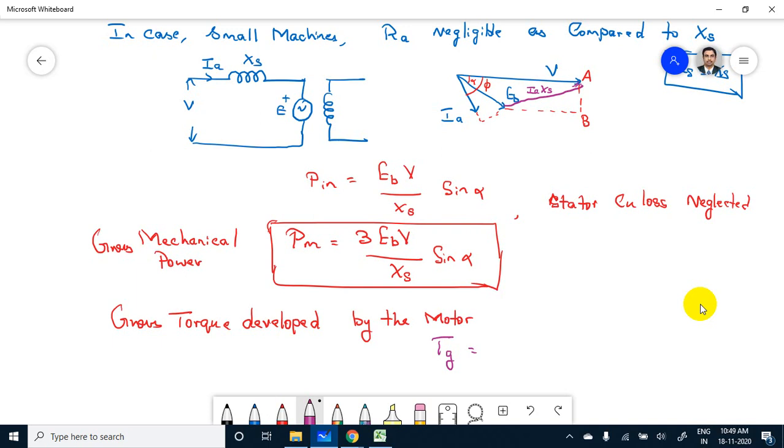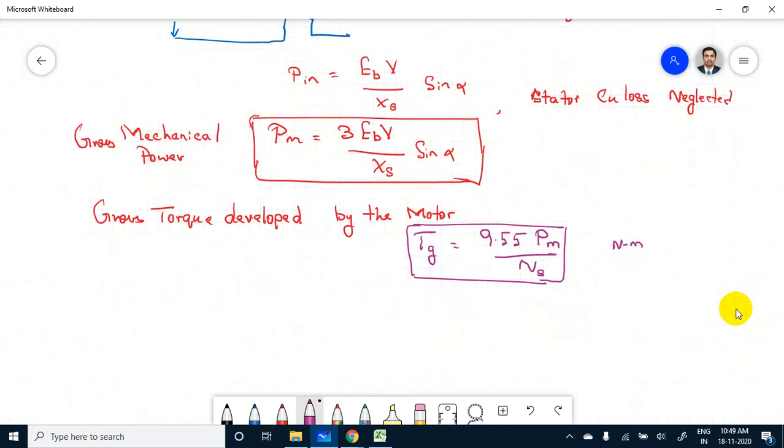TG stands for gross torque, equal to 9.55 into PM divided by NS. The unit is Newton meter. This NS is nothing but the synchronous speed.